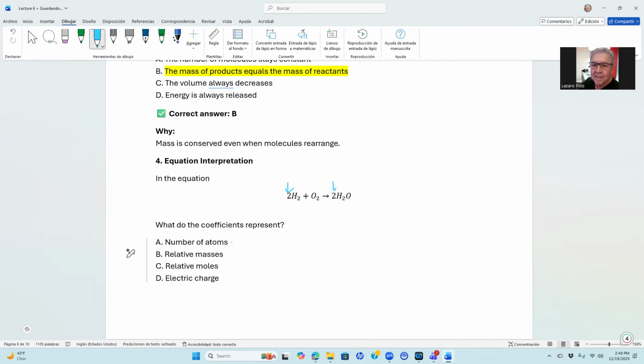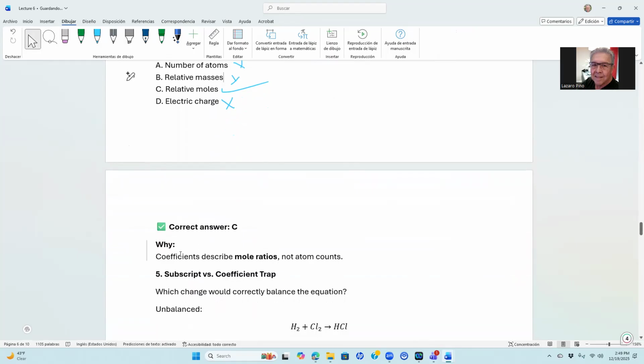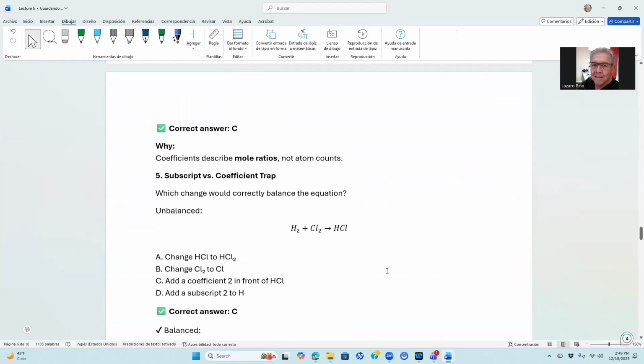The number of atoms? No. Relative masses? No. Relative moles? Yes. Electric charge? No. Then we can say that the coefficients describe the mole ratios, not atom counts.